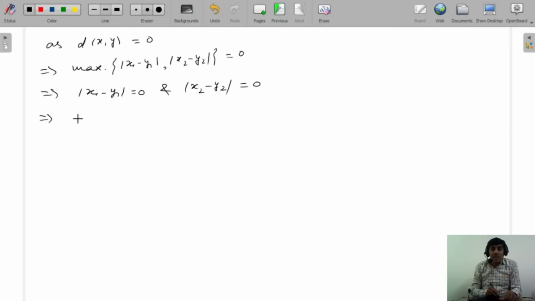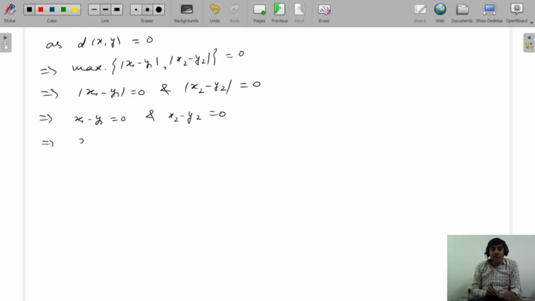This implies x1 minus y1 is equal to 0 and x2 minus y2 is equal to 0. As modulus quantity is equal to 0, then the quantity is also equal to 0.